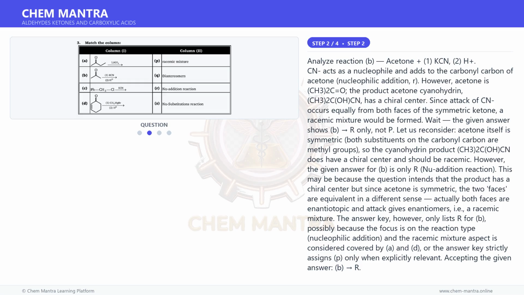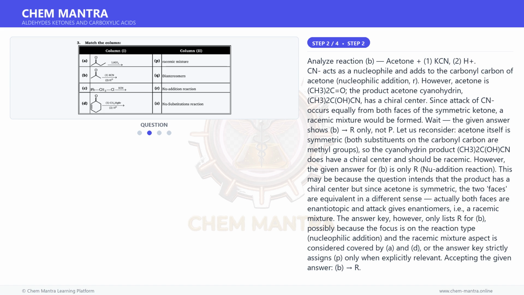Moving on to the next step. Analyze reaction B: acetone plus 1. KCN, 2. H+. CN- acts as a nucleophile and adds to the carbonyl carbon of acetone, nucleophilic addition, R. However, acetone is CH3-CO-CH3. The product, acetone cyanohydrin, (CH3)2C(OH)CN, has no chiral center... Since attack of CN- occurs equally from both faces of the symmetric ketone, a racemic mixture would be formed.